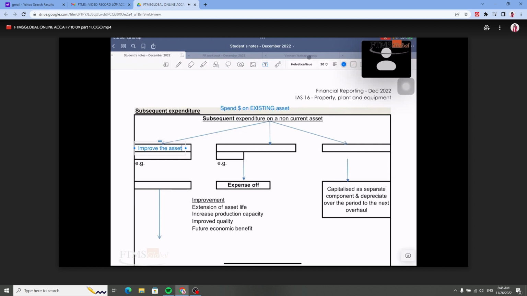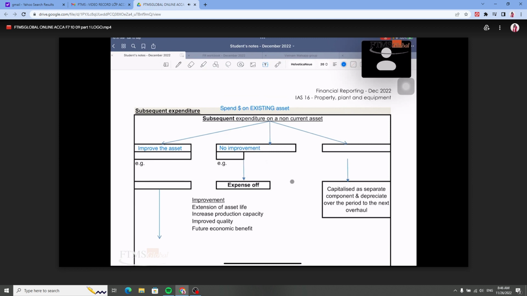Then, of course, the other one, also common sense, is no improvement. So, logical. Subsequent expenditure on non-current assets: spend money on an existing asset, two things can happen. Either the asset improves or no improvement, right?